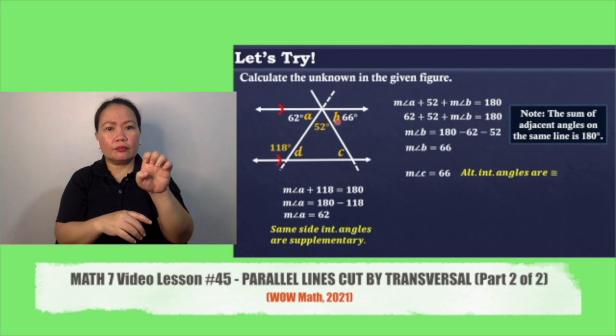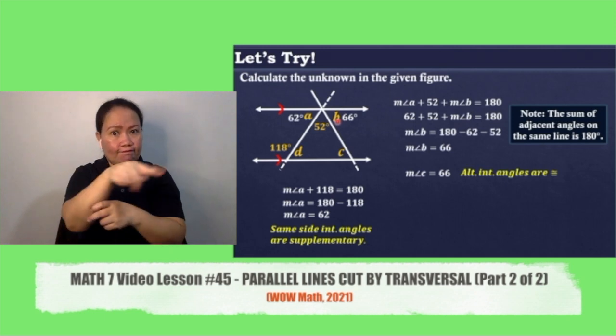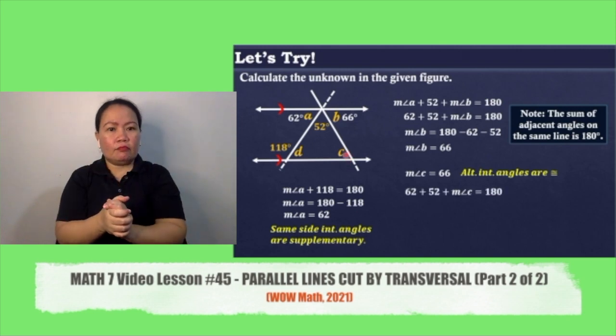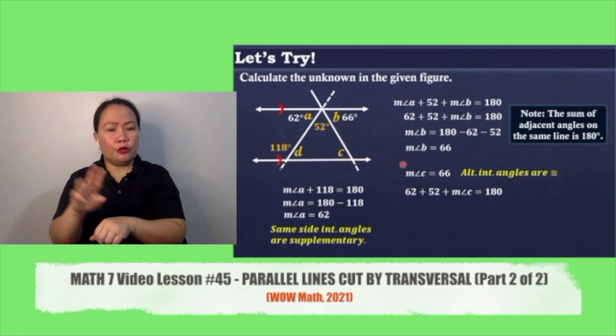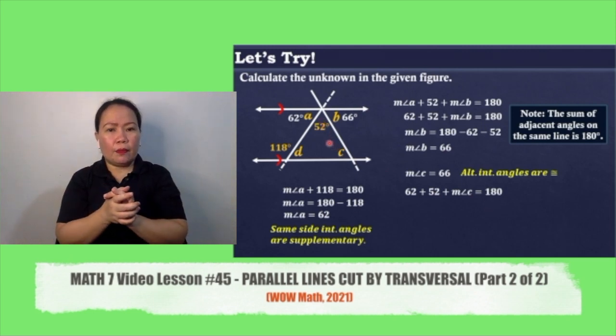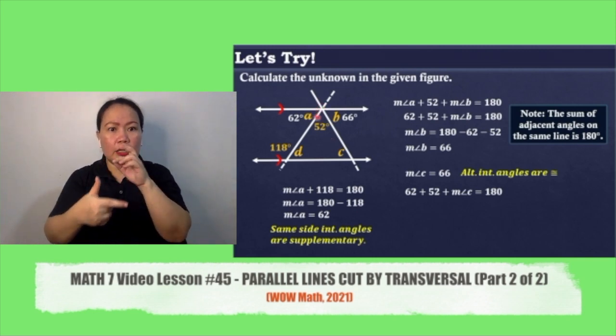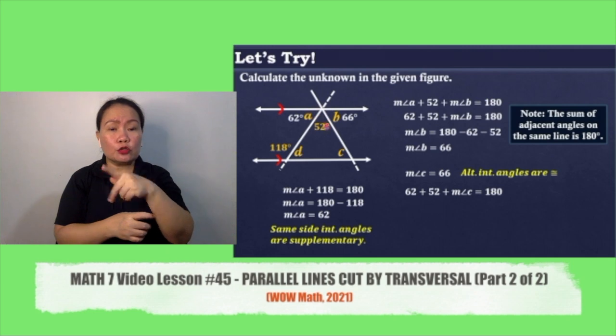Now, kung ayaw mo naman nun, pwede mong gamitin yung, eto, so 62 plus 52 plus the measure of angle C is equal to 180. Anong concept ito? Anong tawag nito? Same side interior. Okay? Etong angle na to, at ito, nasa same side interior sila eh.